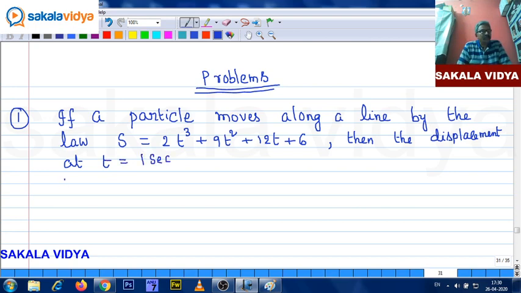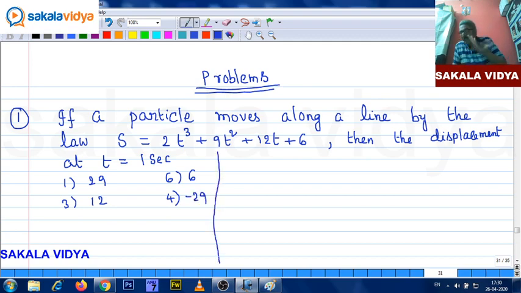These are the options. First option is 29, second option is 6, third option is 12, fourth option is minus 29. That means negative sign indicates reckoning.